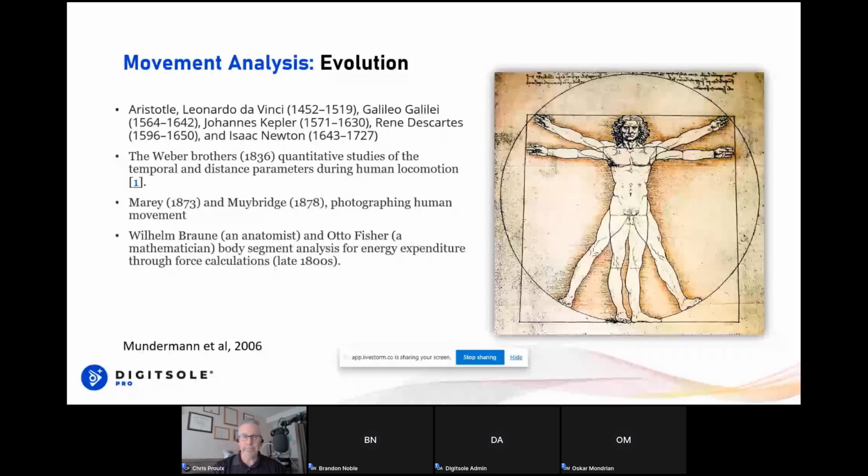That way, when we have a rigid model and it moves through space, the length of that model doesn't change, and therefore we're able to calculate things like forces or torques, and as a result, look at things like energy expenditure.